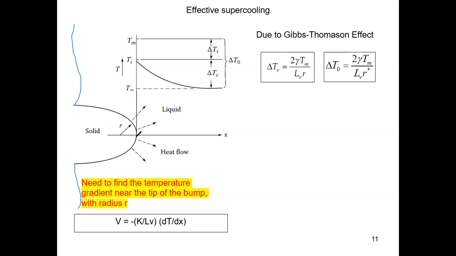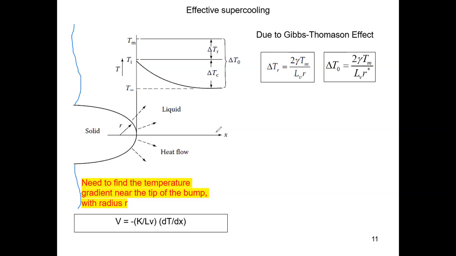We're interested in analyzing the growth velocity at its tip and want to compare this to the rest of the flat solidification front, and this will allow us to determine whether this bump is going to grow or not, right? We also assume that for a sufficiently small region at the tip, you can always approximate it as part of a circle and associate it with a curvature or a radius. So that's our setup.